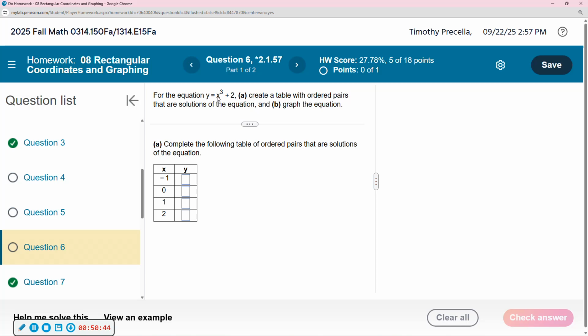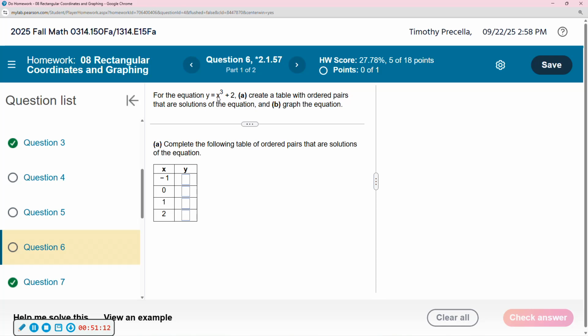Let me write down the problem. This is number 6 that I'm doing. Y equals x cubed plus 2. X, Y. Now remember, a cube means a number times itself 3 times.